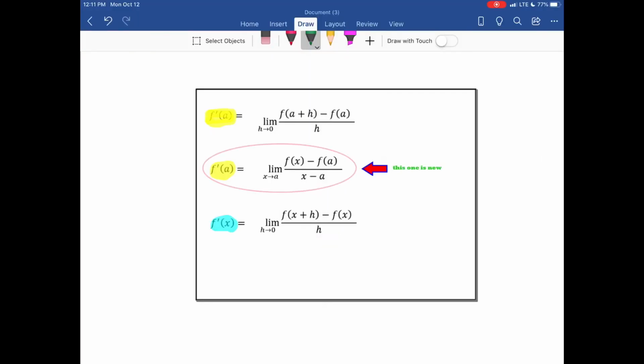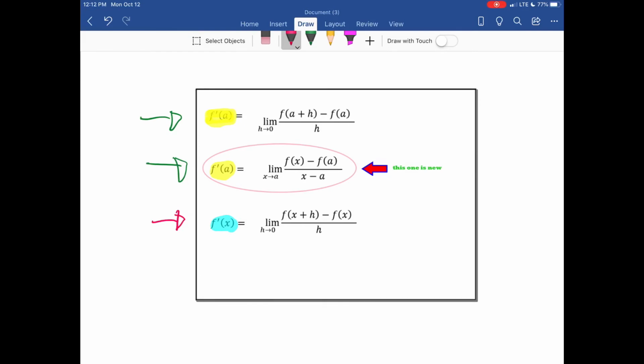And here's the last thing from 2.6. This reintroduces our limit definition of a derivative, and you will identify that these two are specific. The definition of this is the derivative at a point A, whereas this one down here is the derivative function, our generic derivative for any x value.